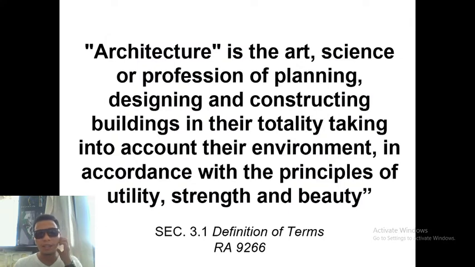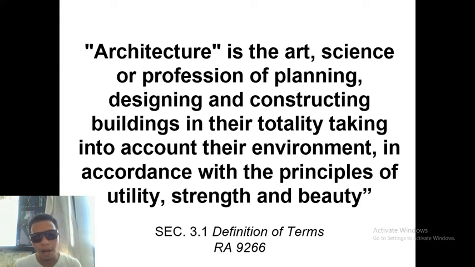So based on that law, architecture is the art, science, or profession of planning, designing, and constructing buildings in their totality, taking into account their environment in accordance with the principles of utility, strength, and beauty.